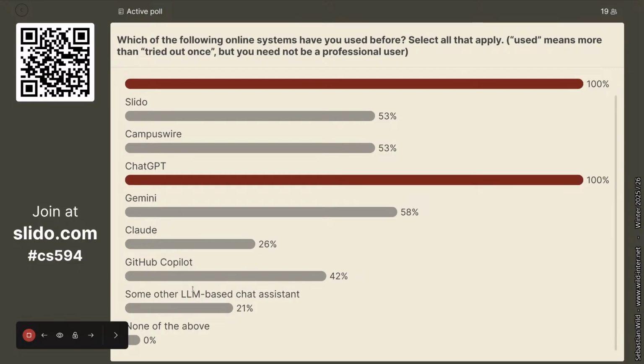What are the LLM-based chat systems? Do you want to shout out which did I not include? Grok, XAI, Perplexity, yeah. I guess nowadays any kind of web search has some sort of AI built in, but it's a bit limited. Other big ones? DeepSeek. That's right.